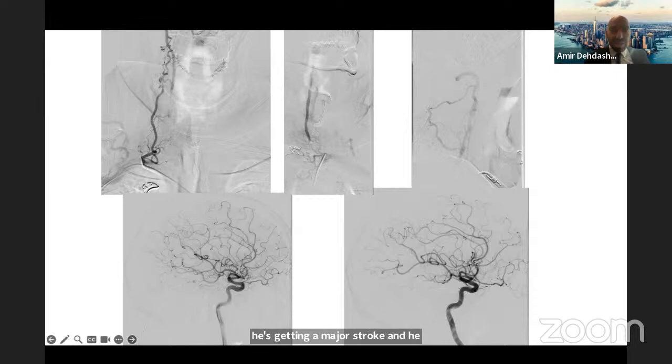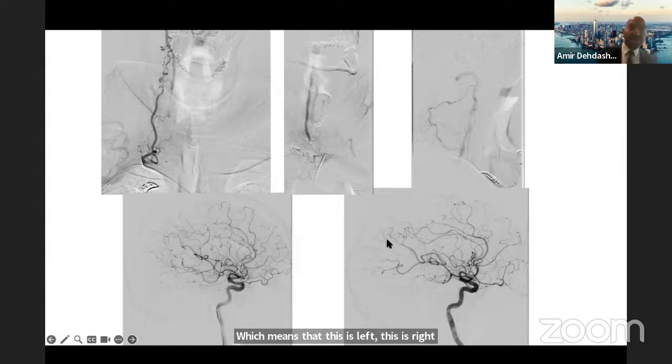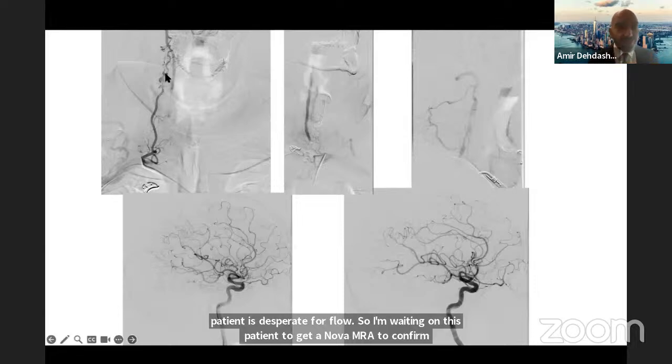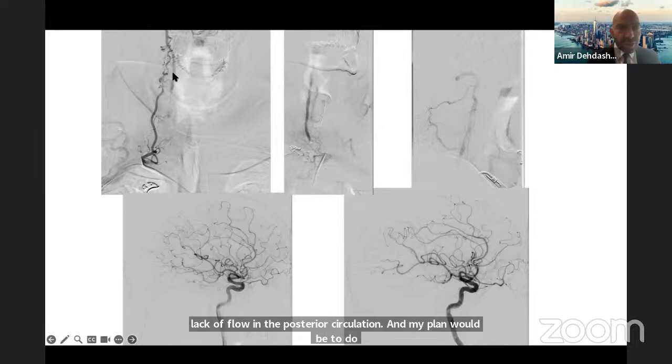And look at his PCOM. He has tiny PCOMs on both sides, so none of the carotid injections show the basilar circulation, which means this patient is desperate for flow. I'm waiting on this patient to get a NOVA MRA to confirm the lack of flow in the posterior circulation, and my plan would be to do what I'm going to show you in the next video, a vertebral artery bypass.